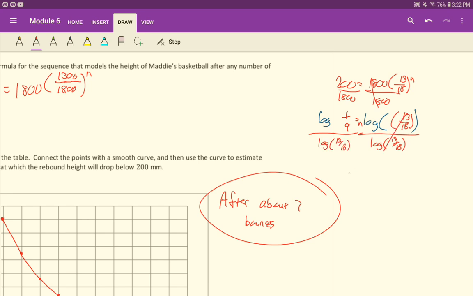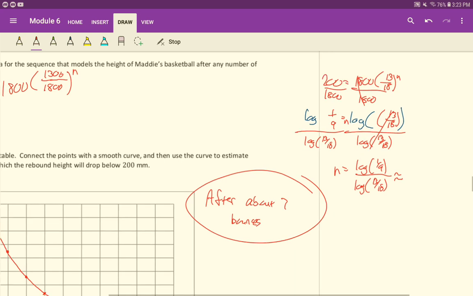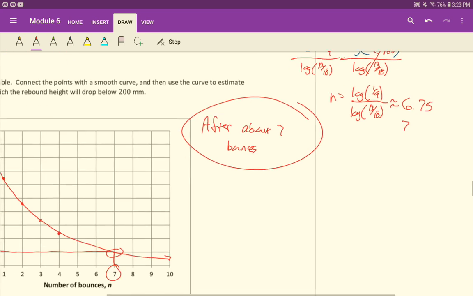So those cancel. We have n is exactly the log of 1/9 over the log of 13 over 18, which is approximately 6.75. So 7 bounces, because that's what it would take to get to the actual 200 millimeters there.